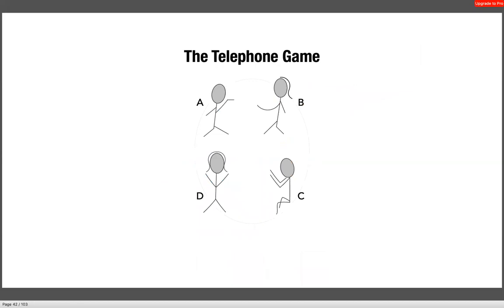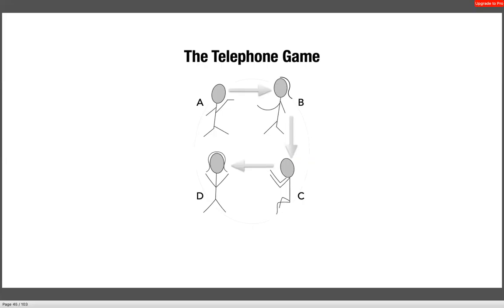Let me illustrate the power of composition with the help of a simple game, what is sometimes referred to as the telephone game, also called Chinese whisper. This is where someone whispers a message to somebody else, and then they in turn whisper what they heard to someone else, and so on.